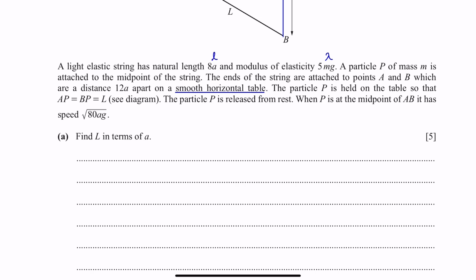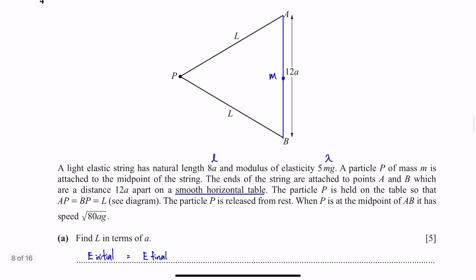Okay, so we can use the energy equation. So we know that the energy initial equals to energy final, right? So initially, we have elastic potential energy at P, and the final, we also have elastic potential energy, but at M with kinetic energy.